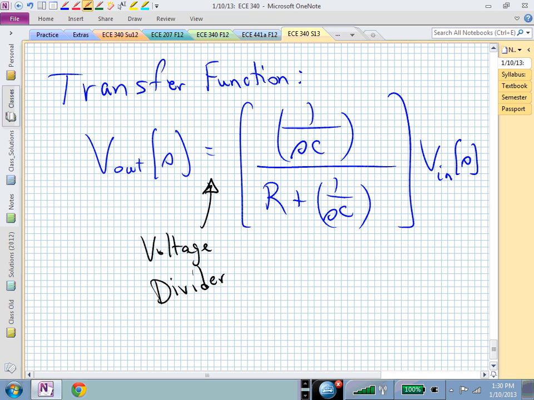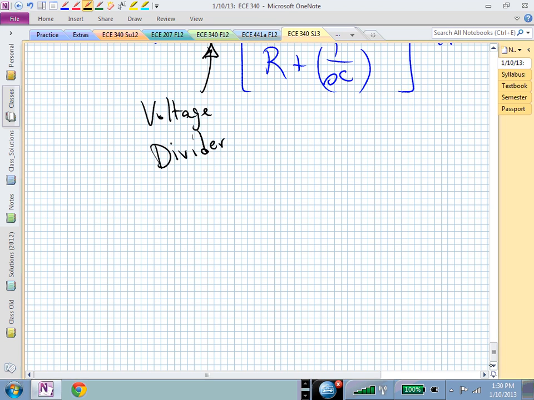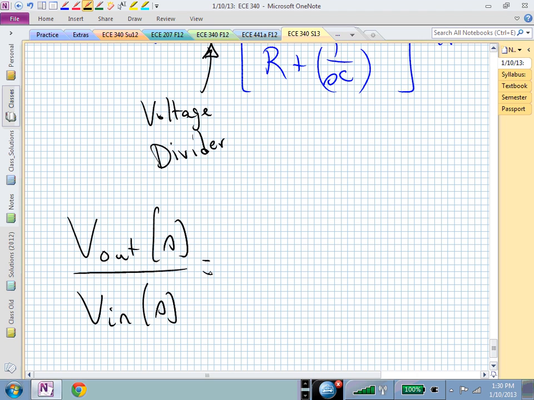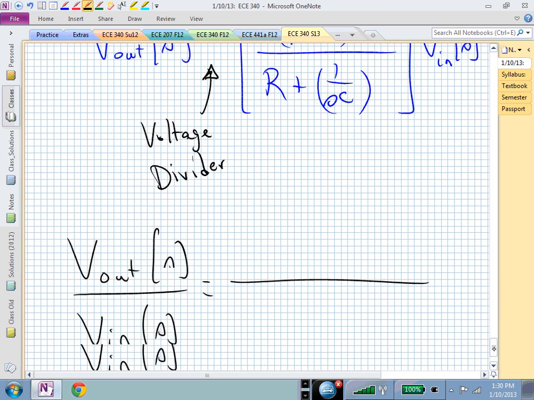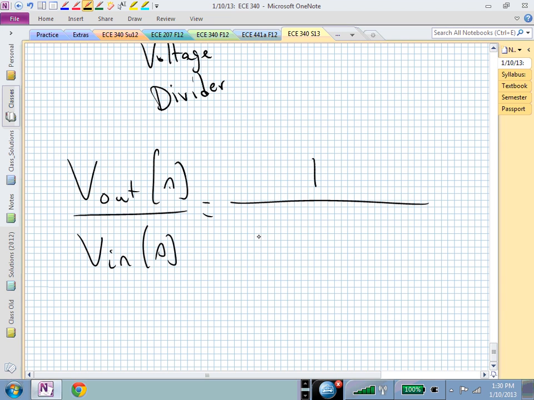Let's simplify this. Now let's get that over a common denominator so that we now have V out over V in. If I put everything over SC, in both the numerator and denominator, those SC's cancel, and I'm left with 1 upstairs, and SRC, oh, RC is a time constant, plus 1 downstairs, so that we now have 1 over SRC plus 1.